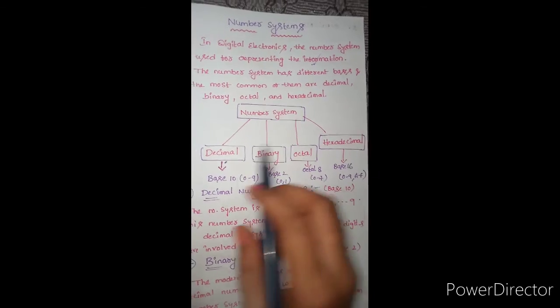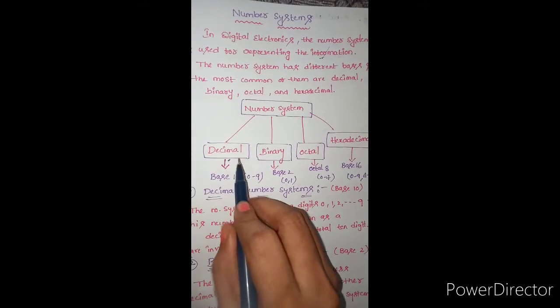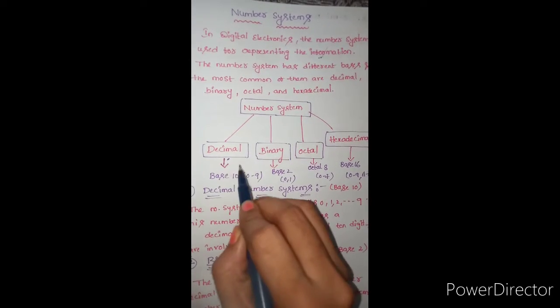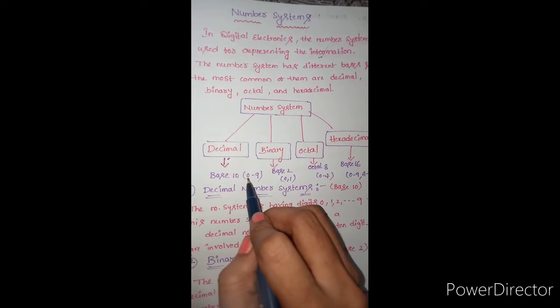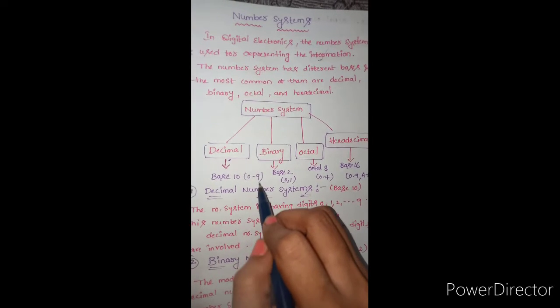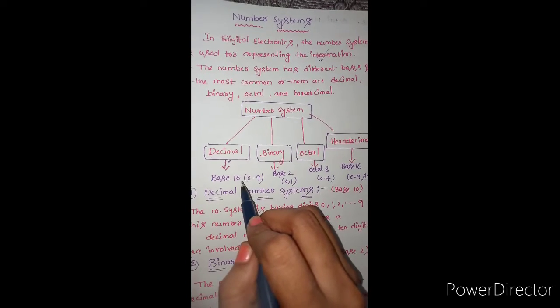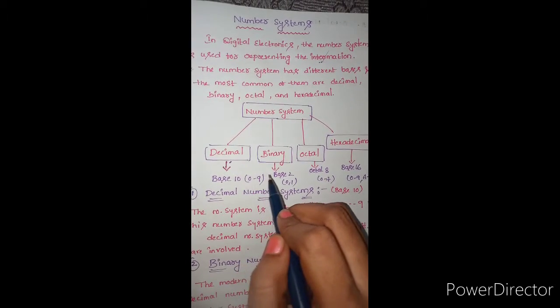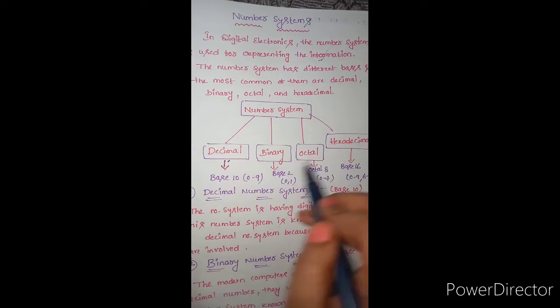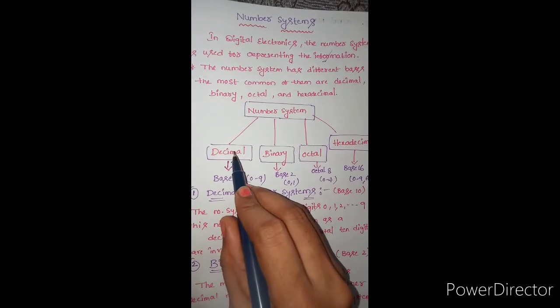Here deci means 10. The base of the decimal number system is 10. That means 0 to 9, including 0 also counted. So the base is 10. Here the digits 0, 1, 2, 3, 4 and so on up to 9 are used in this decimal number system.